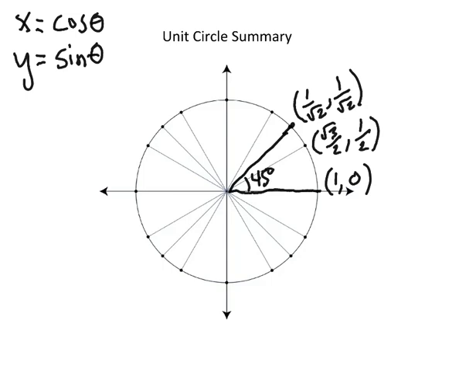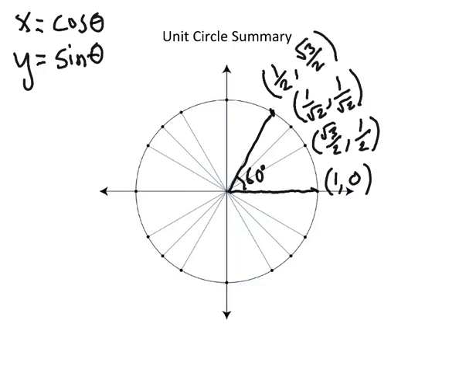The next point is the 60-degree angle. So this right here is 60 degrees. And the coordinates of that point are 1/2. So x, which is cos of 60, is 1/2. And y, which is sine of 60, is root 3 over 2.